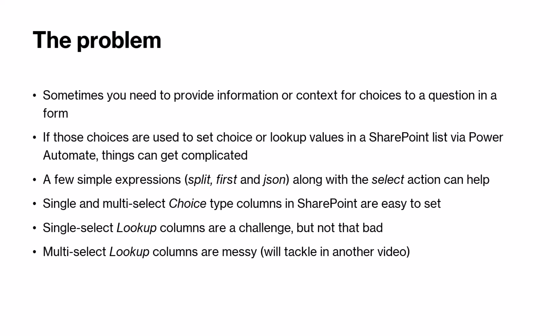But a single select is pretty straightforward because you're just getting one value. Multi-select lookups are, I'll be honest, messy. I'm going to break out part 2 of this video to be just that multi-select lookup column scenario. So we're going to tackle the first 3 in this video. Hopefully this will make sense as we start going through some examples.